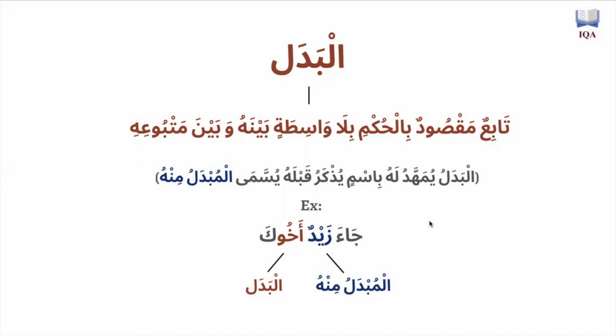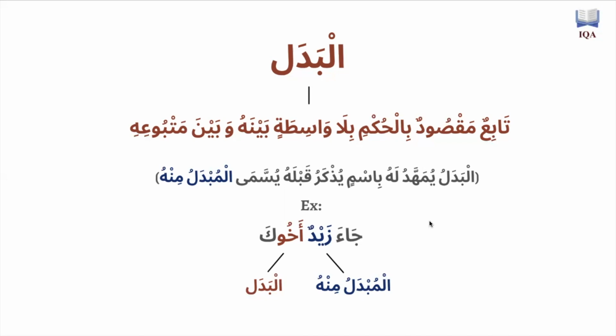So Zaydun is coming here as the mubdalu min, the one that's being substituted, and akhuk is the substitute that is coming to clarify, to specify which Zayd I'm talking about. In reality, what's really being intended by the sentence is that your brother came. But which brother? Zayd. So جاء زيد أخوك, your brother Zayd came, or Zayd came, who's your brother.